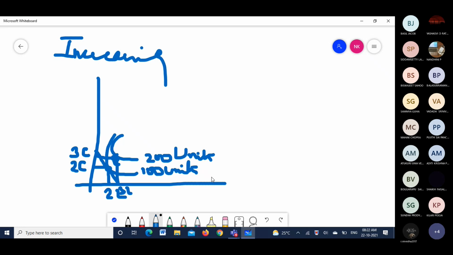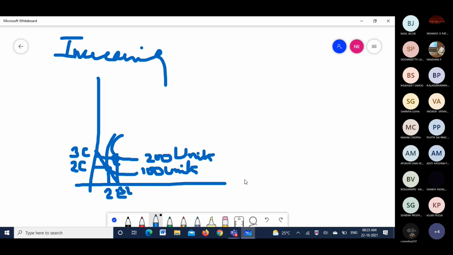But you have to be careful in defining the concept: to get the same proportion of output, if more labor and capital is used, we call it decreasing returns. If less capital and labor is used, we call it increasing returns. And if this proportion is going to be the same, we call it constant returns.